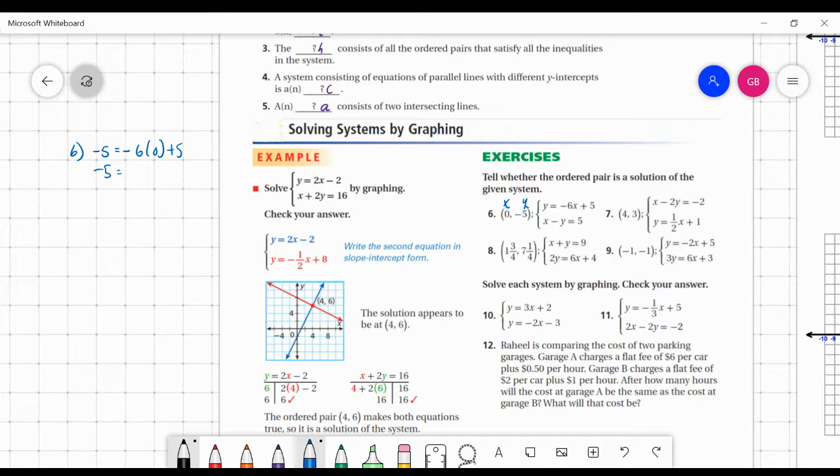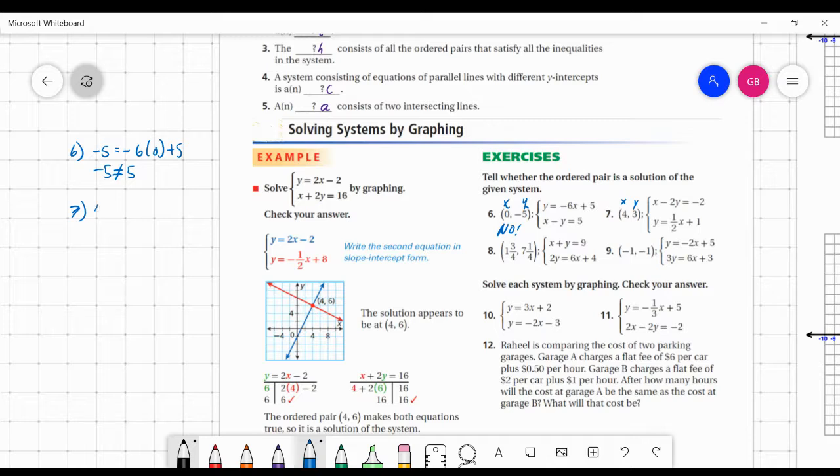So it's negative 5 equal to 5. And it is not equal to it. So therefore, it is not a solution.